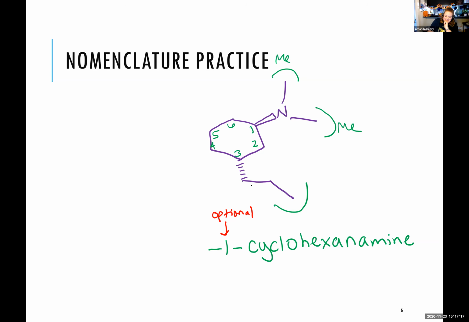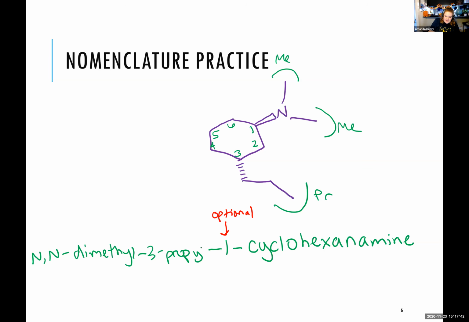Oh, just kidding. And then we have a propyl. Yeah. So we're going to put that methyl first. So when we have 2 of the same thing, we just have to say where they're both located. They do both happen to be on the nitrogen. So we're just going to say N,N-dimethyl and then 3-propyl.